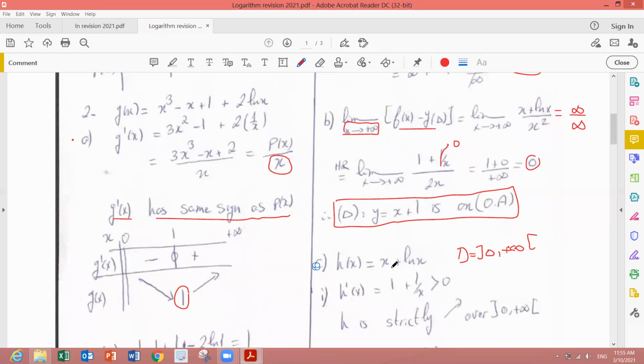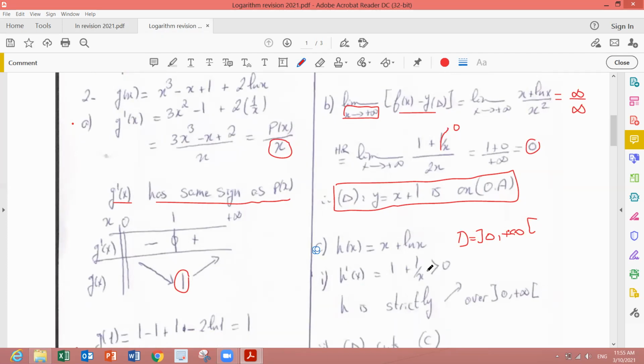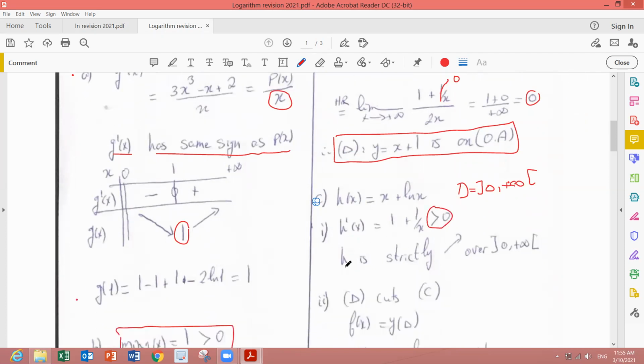Now h prime x: derivative of x is 1, derivative of ln x is 1 over x. Since x is positive, h prime x is positive. So h is strictly increasing over the interval 0 plus infinity.